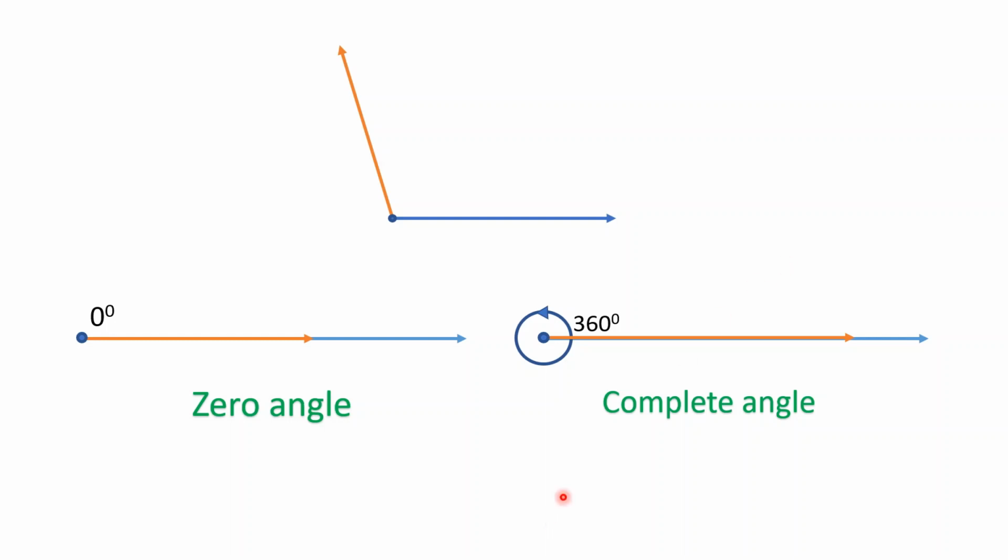Let us divide this complete rotation into 4 equal parts. So we are dividing the complete rotation or 360 degrees into 4 equal parts. So first part will be from 0 degree to 90 degree.